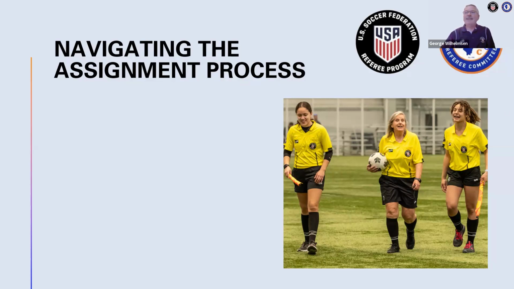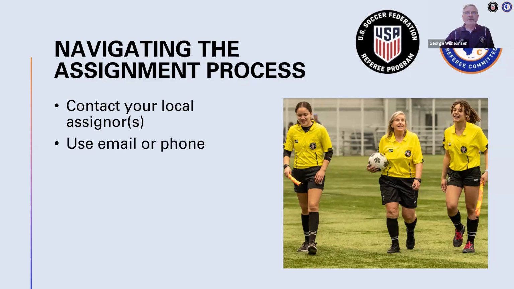So let's talk about navigating the assignment process, because this is one of the hardest things to do as a referee. And remember, make sure you ask for and accept games that you are comfortable with. So contact your local assigners. You can contact them with email, or remember, if under 18, have your parents reach out to the assigner and contact them, or phone.